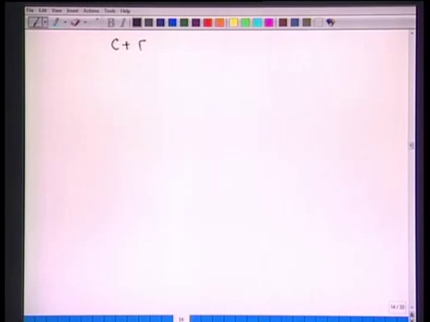Now, another important reaction that can also occur is carbon with FeO. So, for example, carbon plus FeO is equal to CO plus Fe. Let us take this reaction as 23. Now, this reaction may cause slag to foam. Why? Because this reaction will be occurring at the slag-metal interface or within the slag.